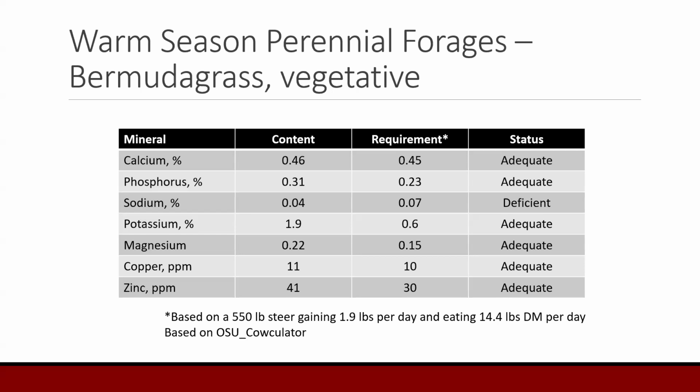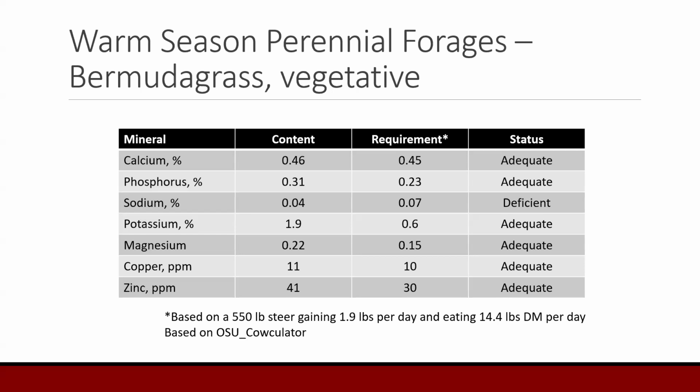So with the requirements that this animal has, the Bermuda grass vegetative content is here in this column. The requirements for the animal are here in this column, and this will tell you the status.